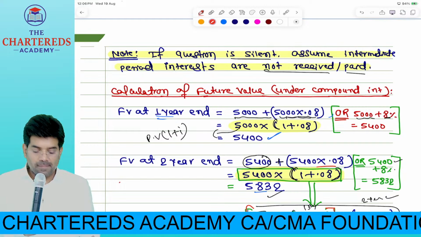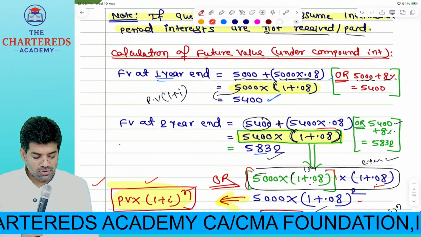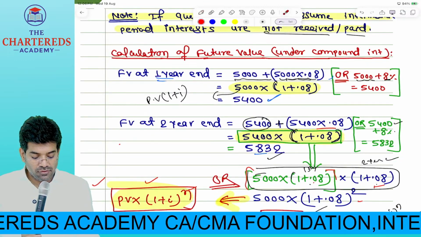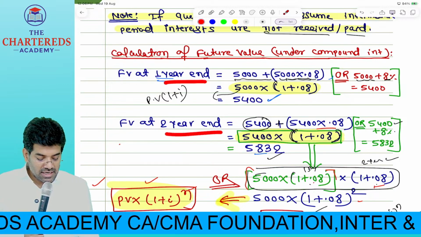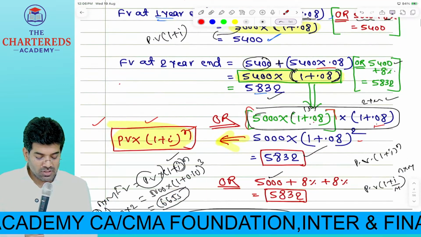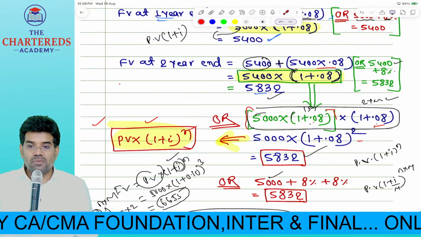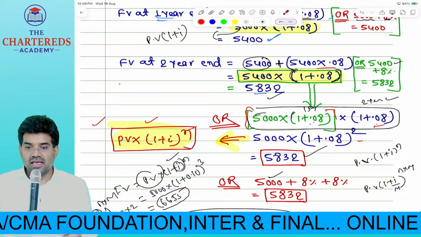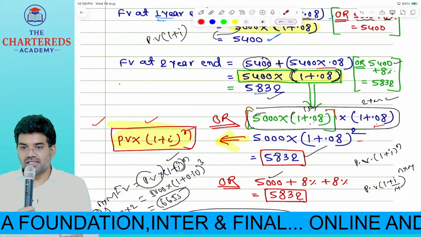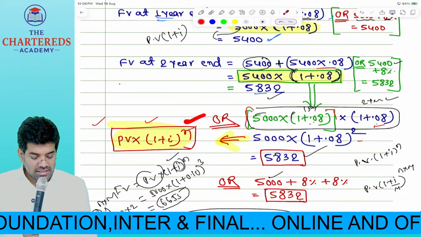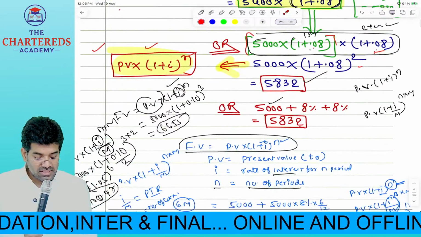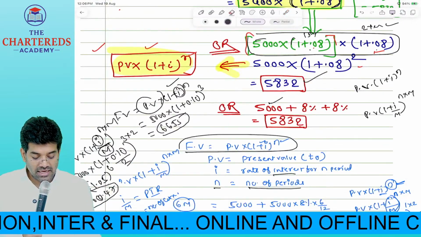Done? Yesterday I already showed you how to calculate interest at the end of first year, second year, and what is the formula behind it. What is the formula? Present value into 1 plus time value of money, that is interest, whole power n. You can see how many ways there are to calculate that.